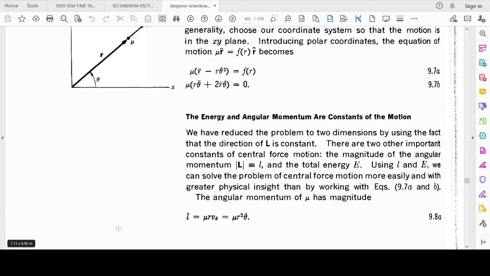Now we are going to apply these two conservation laws, energy and angular momentum conservation, to the central force problem, trying to solve the problem of central force.